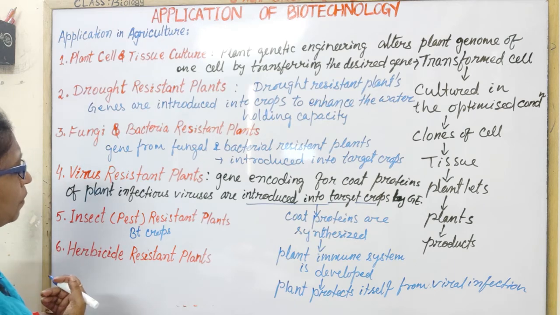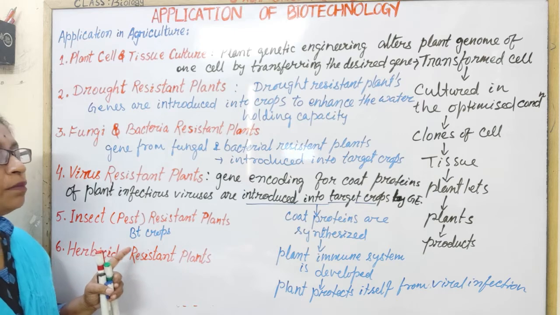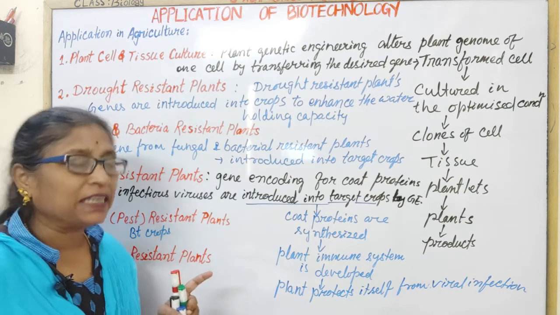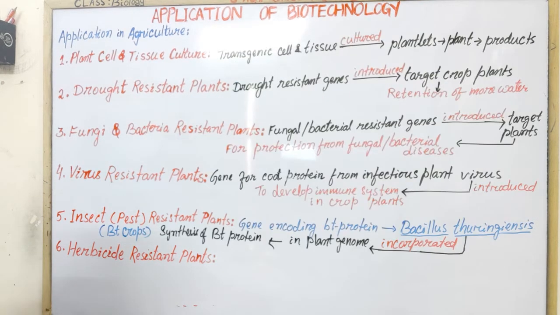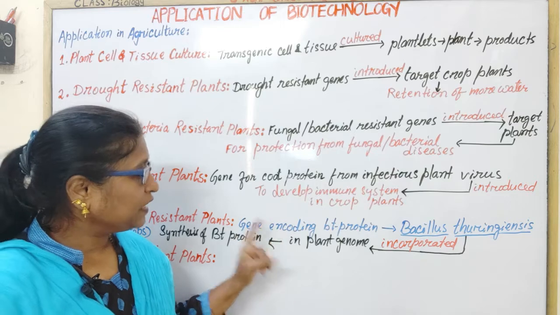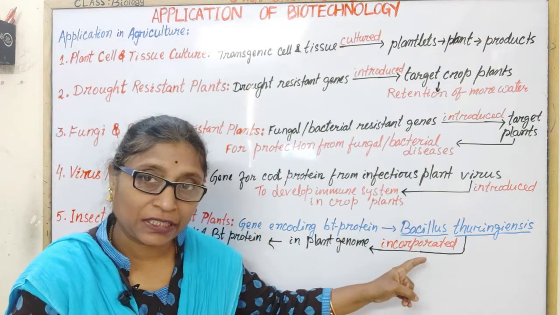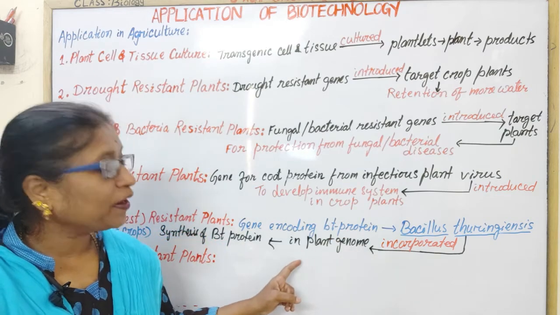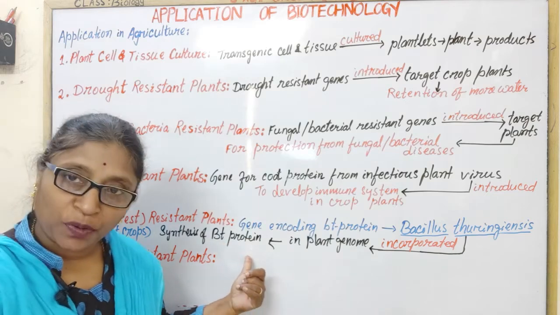What is Bt crop? The gene from Bacillus thuringiensis. Write down all this. The gene encoding for Bt protein from Bacillus thuringiensis is incorporated in the plant genome for the synthesis of Bt protein.